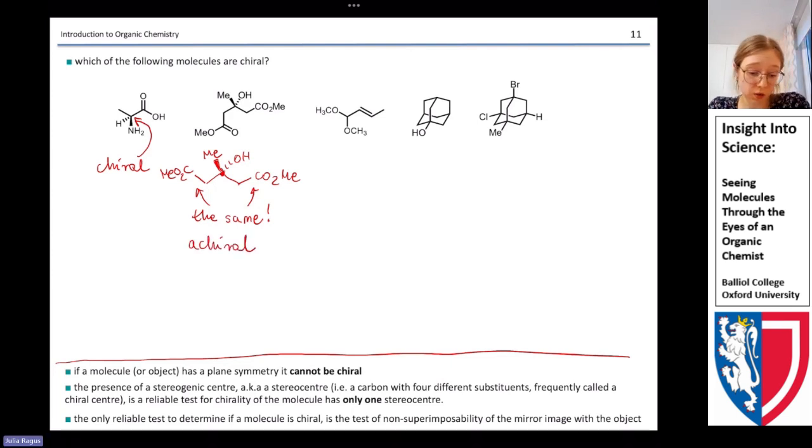Then in the third example, you can clearly see that there is basically no atom which would point out of the plane or into the plane of the slide. So you have no stereogenic center here for sure, and it's also achiral.